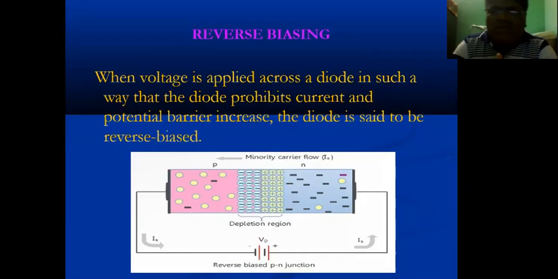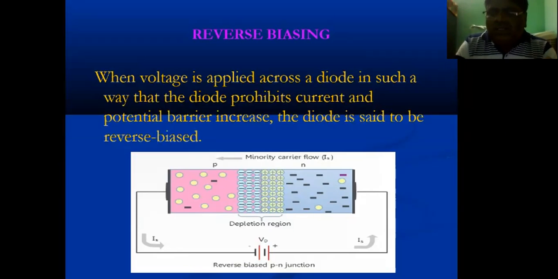But in reverse biasing, the potential barrier, the gate height, is increased. That means the current is not passing. That is called the reverse bias. So in the reverse bias direction, there is no current passing.